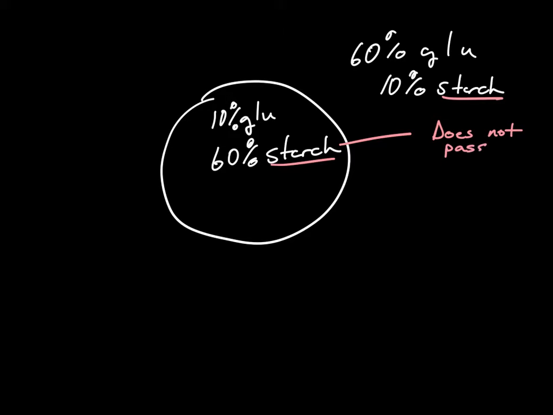and in fact it's going to be starch that determines if water diffuses or not, because glucose is going to diffuse. There's going to be movement of glucose from high to low, and that's going to come to some kind of equilibrium.